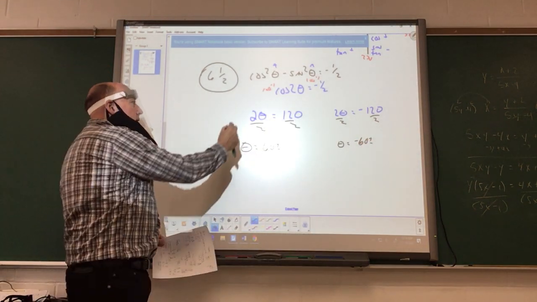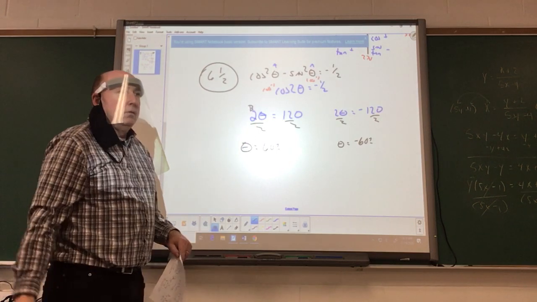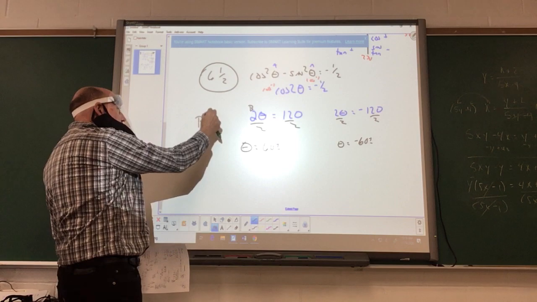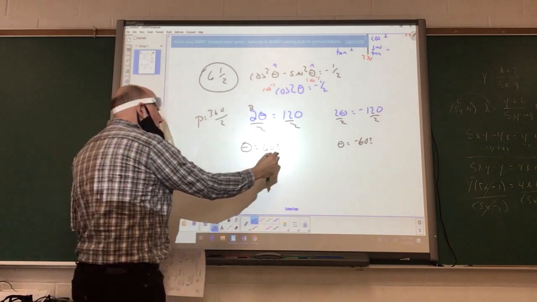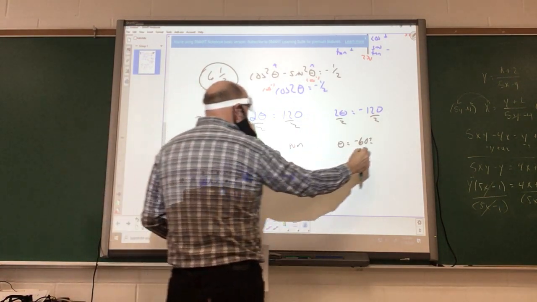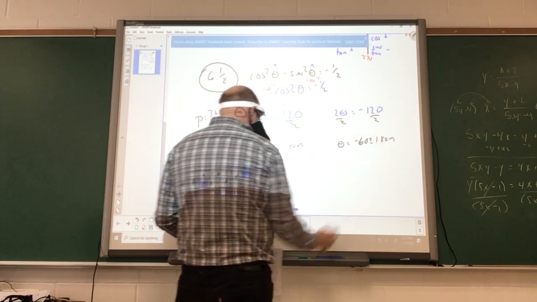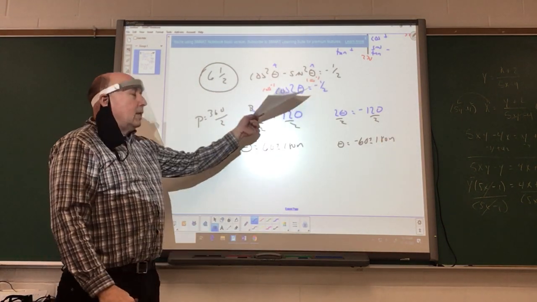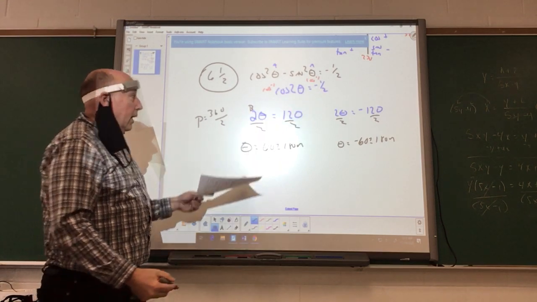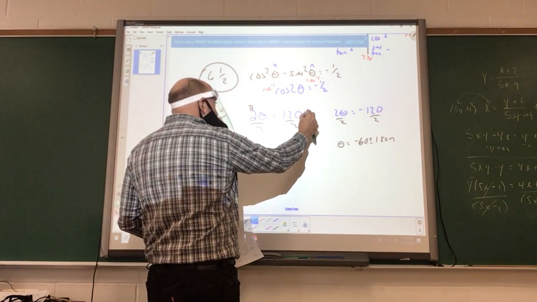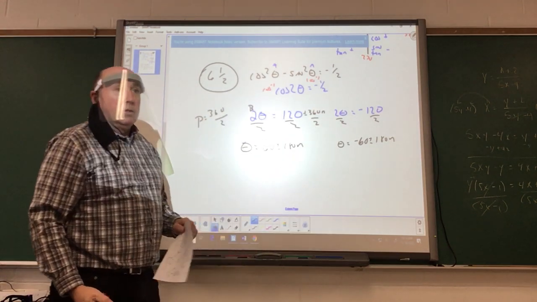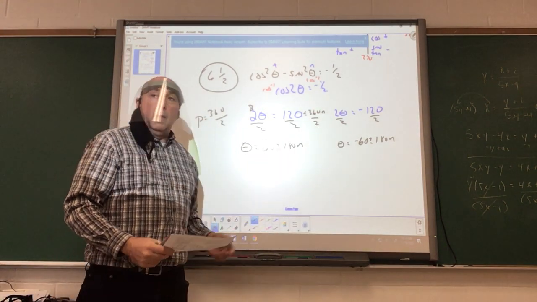Our b value is 2, so the period is 360 divided by 2, or 180n. Also, you can think of this as, when I take the inverse cosine, I get 120 plus or minus 360n, but I have to divide that by 2 also, which gives me the 180.